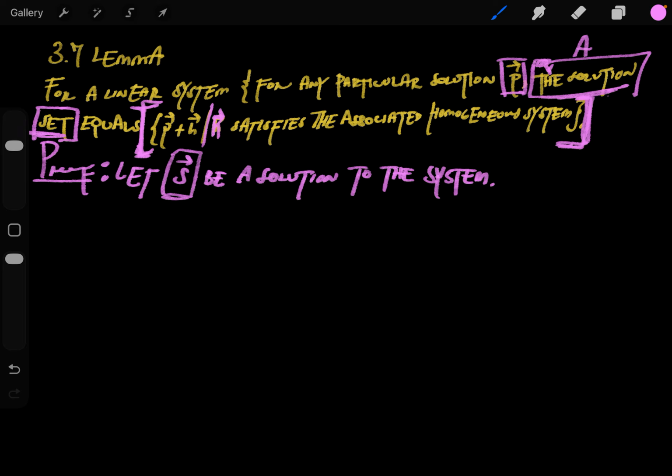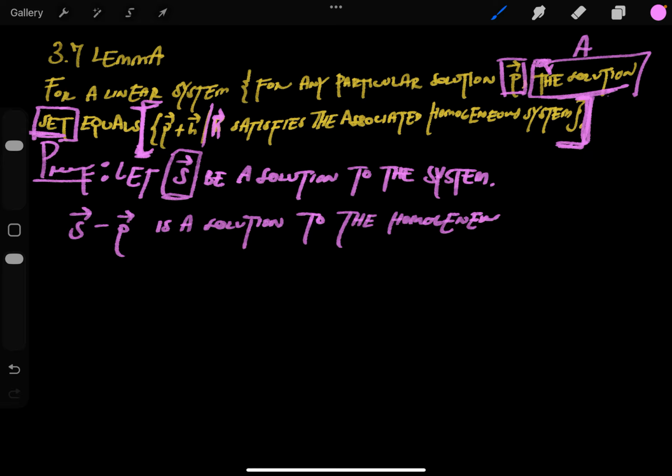If S is a solution to the system and P is a solution to the system, then we should see that S minus P is a solution to the homogeneous system. And we should maybe prove that. Why is that true?